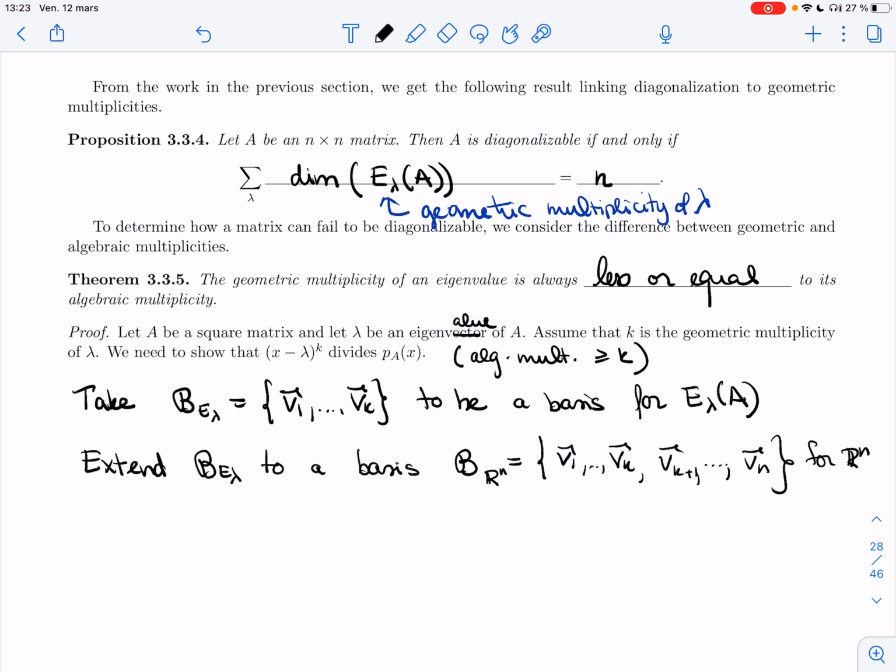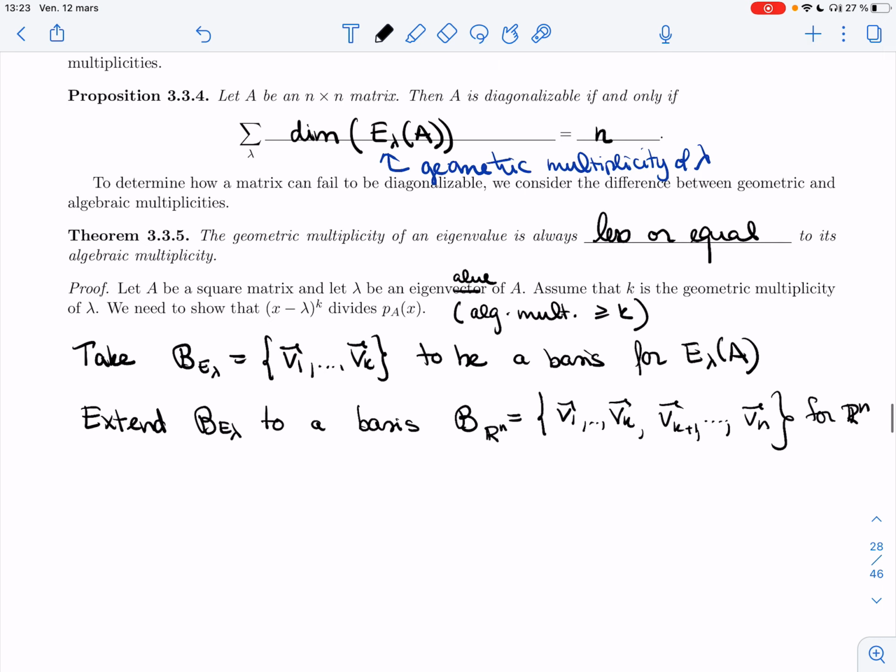All right, so I'm going to look at what the matrix of A looks like in this basis. I'm going to look at T_A in this basis.